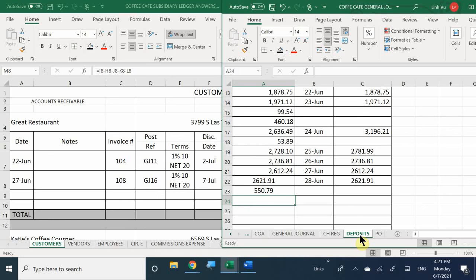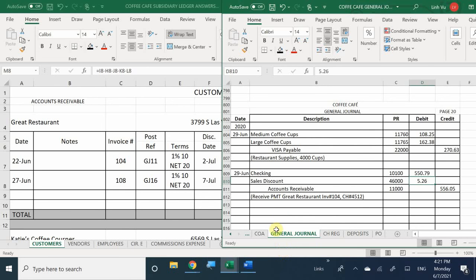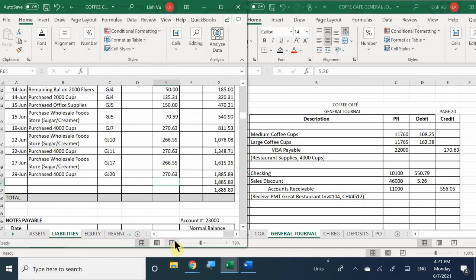Sorry about that. 55079. I don't know why I keep reverting to the old number. Okay, so there we have it. All right, so now we go to the ledger. Checking. Can you give me a second to do my deposit real quick?